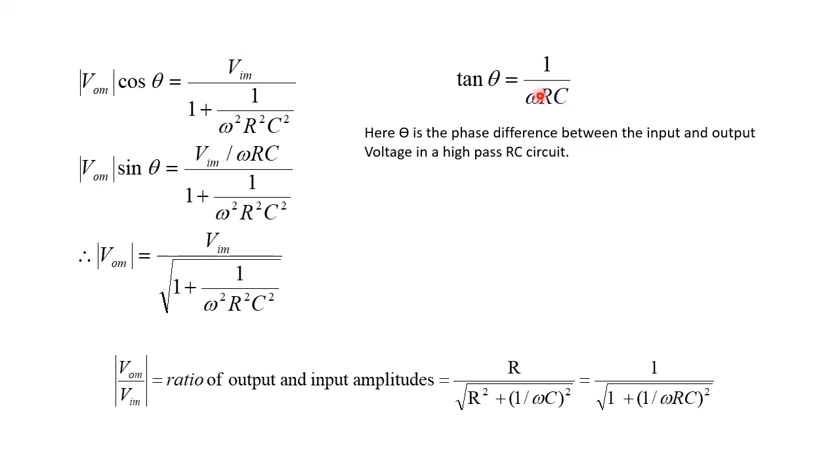So we can say that theta is equal to tan inverse 1 upon omega tau, where tau is the time constant of the RC circuit. And if we calculate the ratio of output and input amplitudes, then from this equation it is 1 upon under root 1 plus 1 upon omega RC whole square.